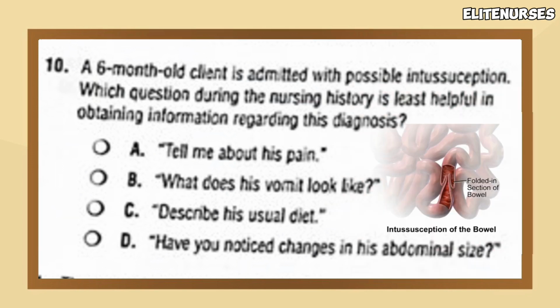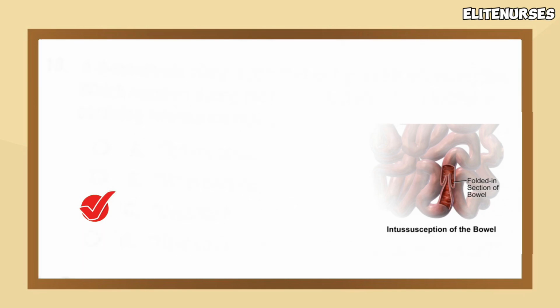And so it's a disease related to the intestines, right? And so when you look through the possible answers, you see that describe his usual diet is the least helpful here. Yes, so the correct answer is C.